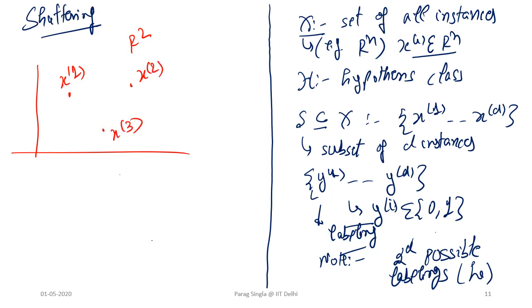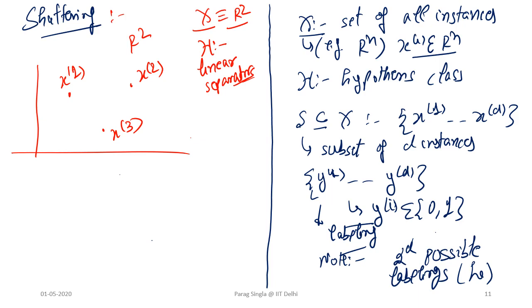When we define shattering, we are given an instance space, which is R2 here, and also a hypothesis class, and let's say this is the set of all linear separators. In R2 these are lines, and in general they will be hyperplanes.